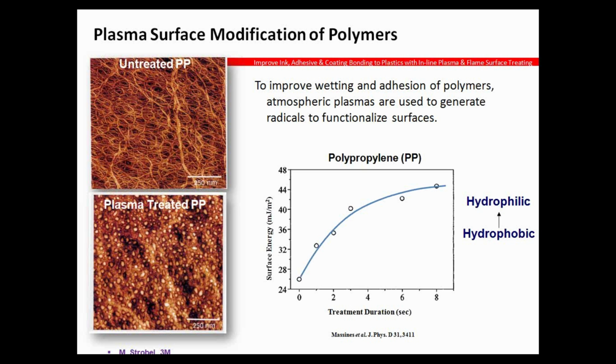The images here illustrate the change that a surface goes through when we're talking about cleaning, etching, and functionalizing a surface. You see the untreated polypropylene looks very different than the plasma-treated polypropylene on the bottom image of this screen. So that is just another microscopic image of what you'll see on the surface if you're looking at it at that level.